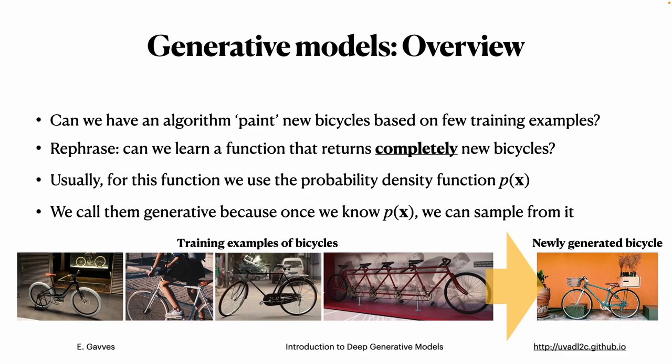We give the model a few examples, for instance a few bicycles, or many examples. Actually, that's the trend now. You give them many bicycles, and then hopefully your algorithm can generate new bicycles, bicycles that didn't exist. Of course, in this picture, I didn't generate a new one. I just took an existing one from the web, but that's exactly the idea. It could have been a generated one.